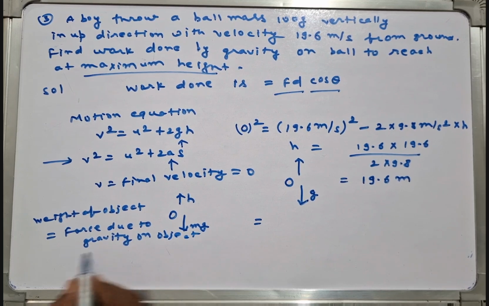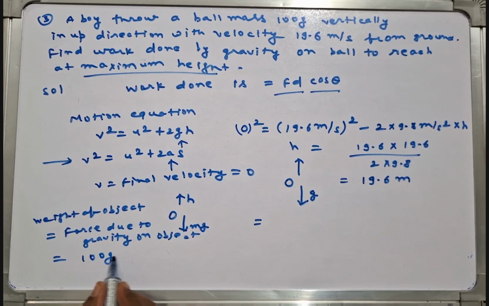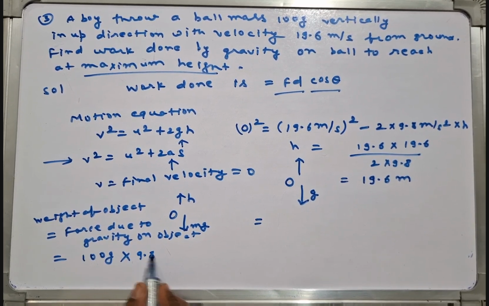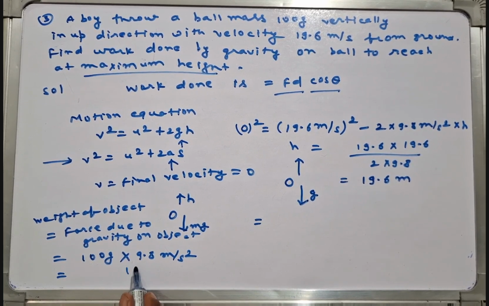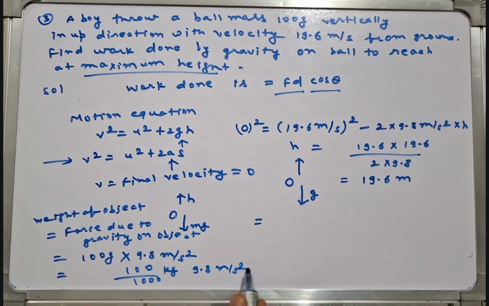So we can write this as 100 gram into 9.8 meter per second square, and again in SI unit you have to convert it into kg. Okay, so this value will become 0.98 Newton.